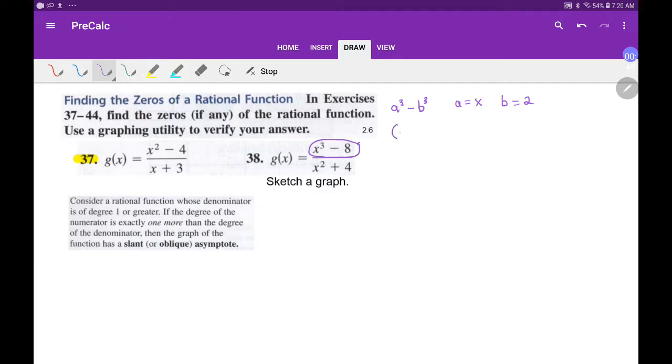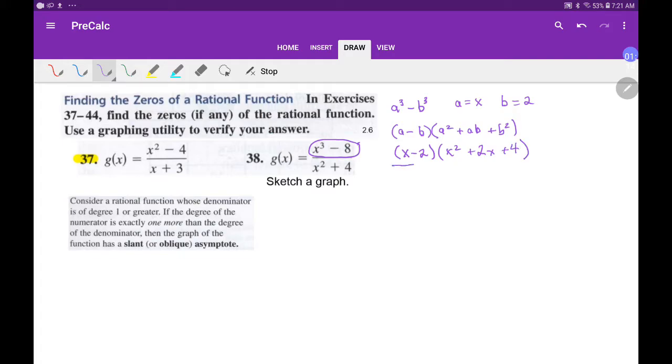And you would say, okay, a minus b times a squared plus ab plus b squared. Hopefully you're remembering this: x minus 2 times x squared plus 2x plus 4, 2 squared.